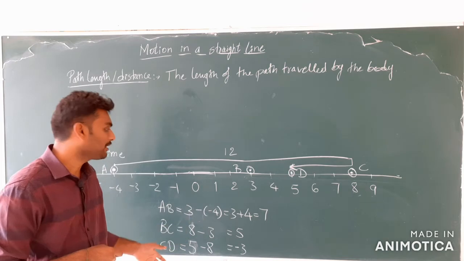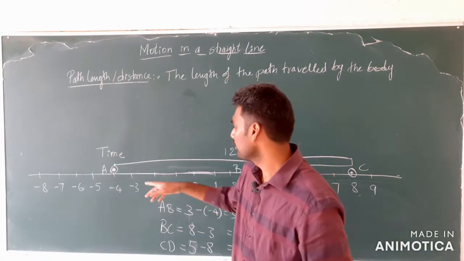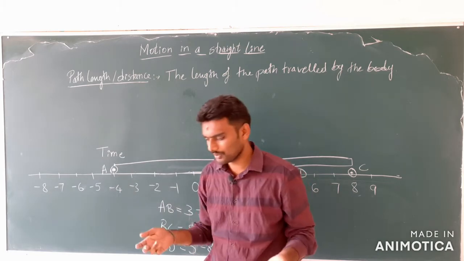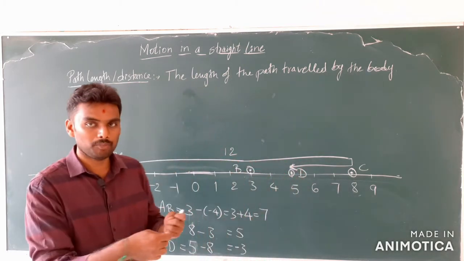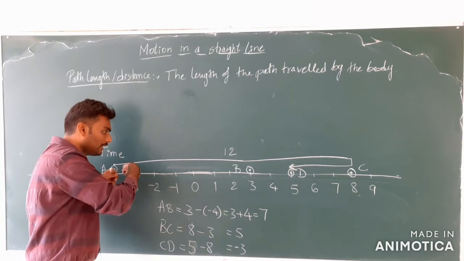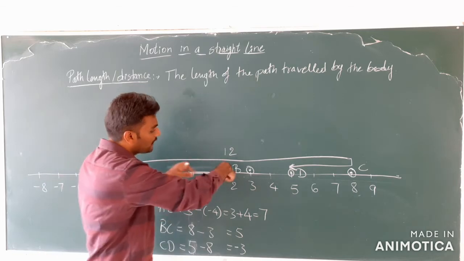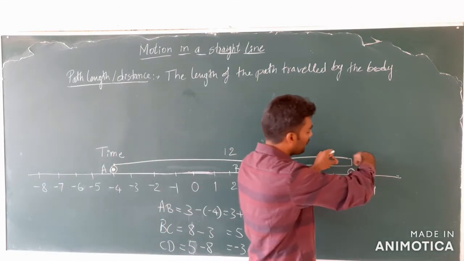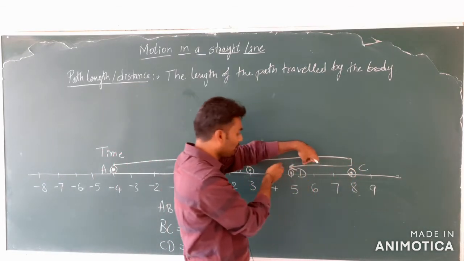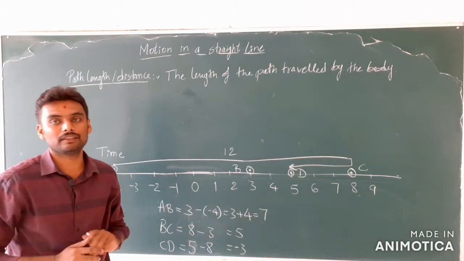We always add up. You can assume the body is moving like this, and you take a tape and start measuring the length of the path. Wherever the body goes, you keep on measuring, comes back, and again you keep on measuring. That is how you find path length.